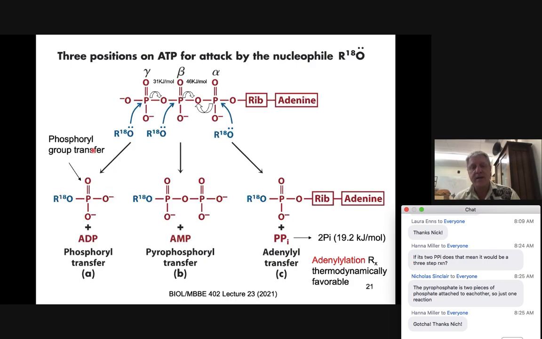If we attack the beta position, we're going to produce AMP and the phosphoanhydride, two moieties of phosphate, so the phosphoanhydride bond as we illustrate here, and we see again the same displacement with that molecular water or that particular heavy oxygen positioning being in this particular component.